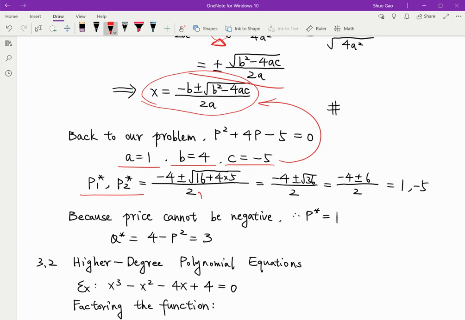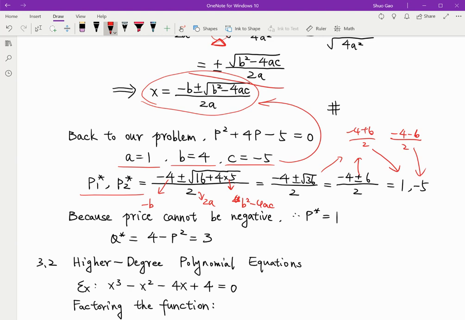This is over 2a, and the minus 4 here should be minus b, and then after the square root, it should be b squared minus 4ac, right? And so this is minus 4 plus 6 over 2, or minus 4 minus 6 over 2, right?